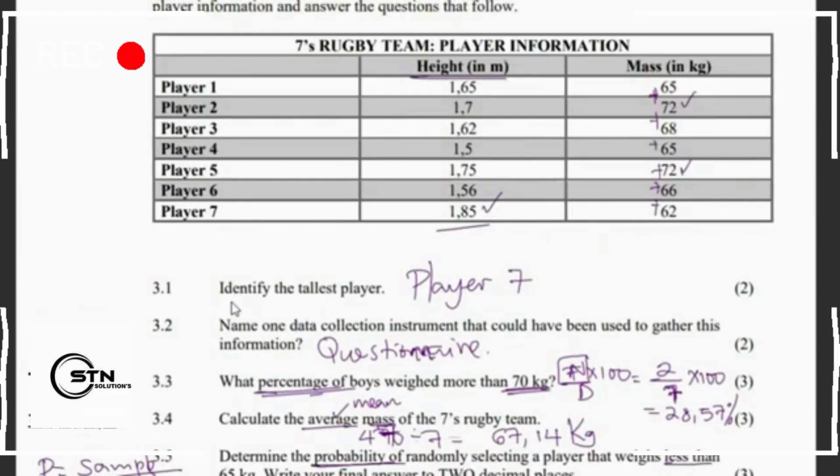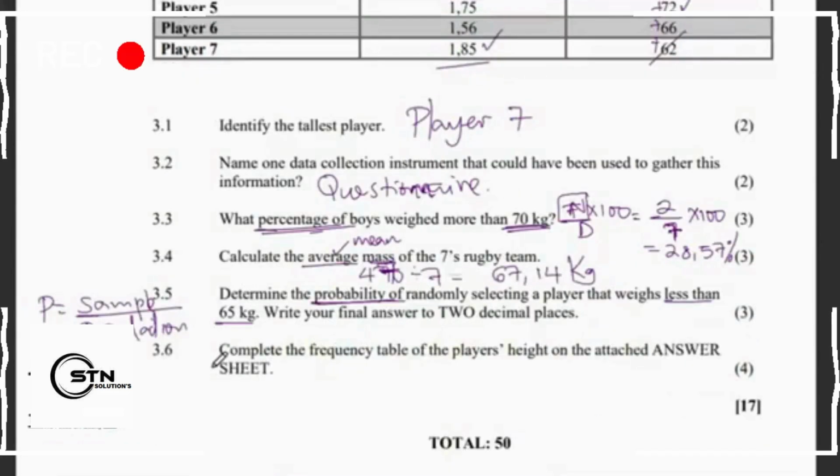There is only 1. So our sample is 1 out of 7. Write your answer to 2 decimal places. It's supposed to be in decimal. So 1 over 7, which is 0, to 2 decimal places.